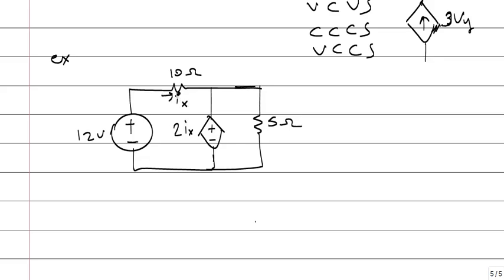Ix is the current of this resistor. Let's find Ix. The question: what is the value of Ix? Let's analyze together.